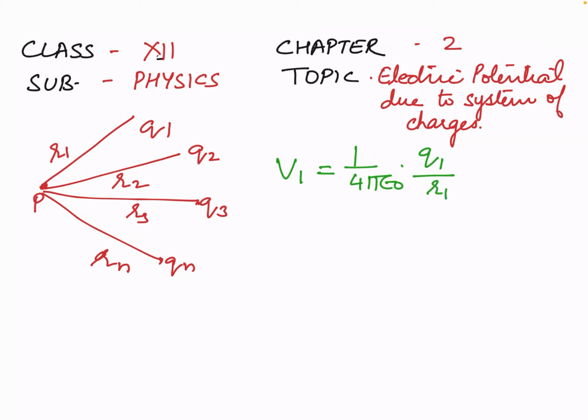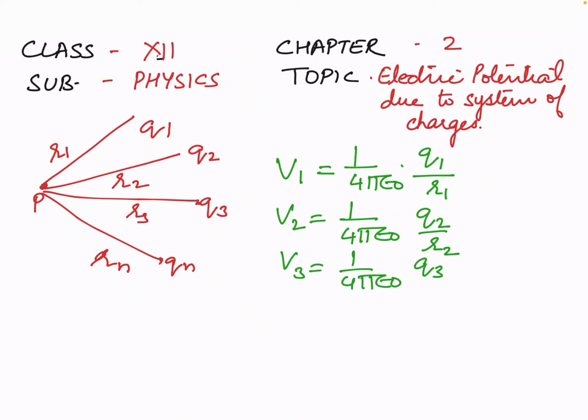Similarly, electric potentials at point P due to other charges, say due to the second charge V2, will be equal to 1 upon 4 pi epsilon Q2 upon R2. V3 will be equal to 1 upon 4 pi epsilon Q3 upon R3, and Vn will be equal to 1 upon 4 pi epsilon Qn upon Rn.